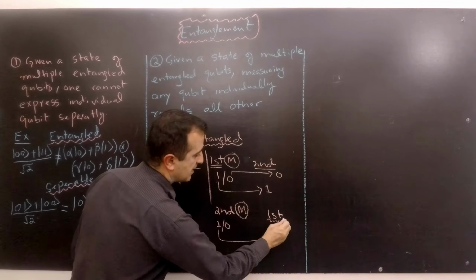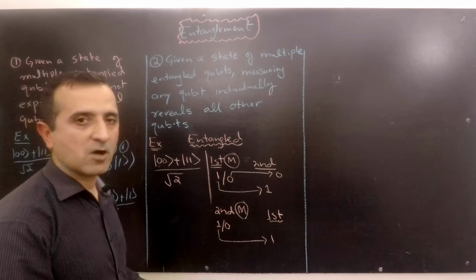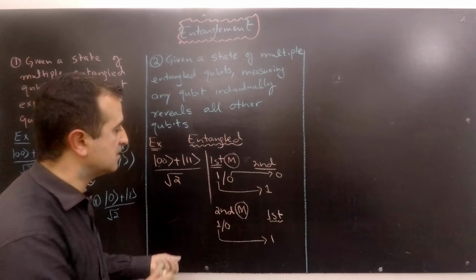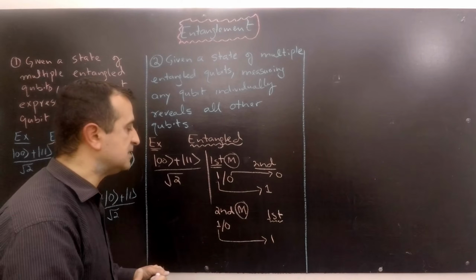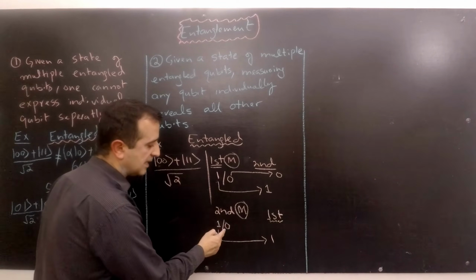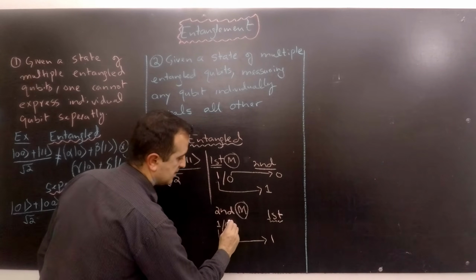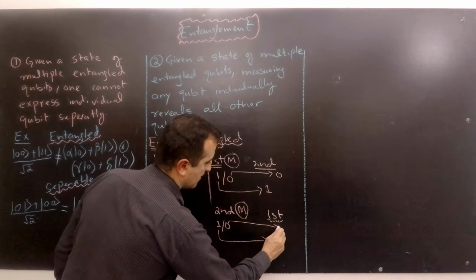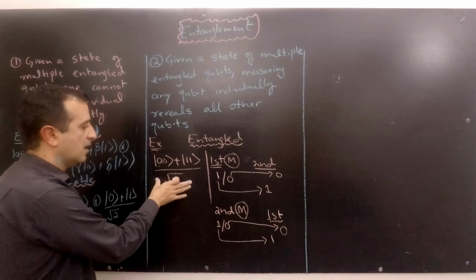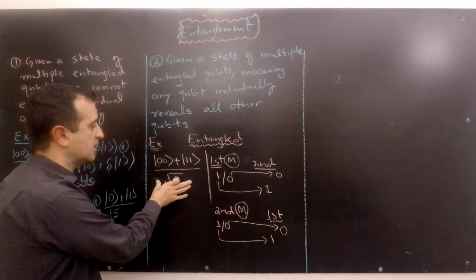We can tell the state of the first qubit without even measuring it or touching it, even if the first and second qubit might be physically thousands of miles apart. If the second qubit is 0, then the first qubit will also be 0. So this is the state of entangled qubits.